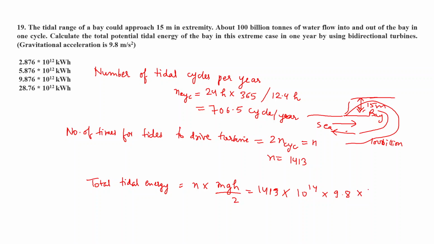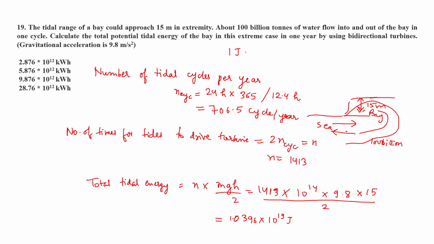Then 9.8 into 15 upon 2. It will come as 1.0396 into 10 to the power 19 joule.